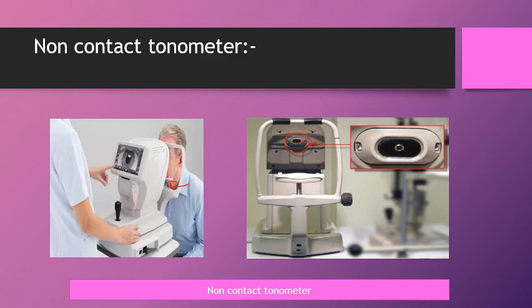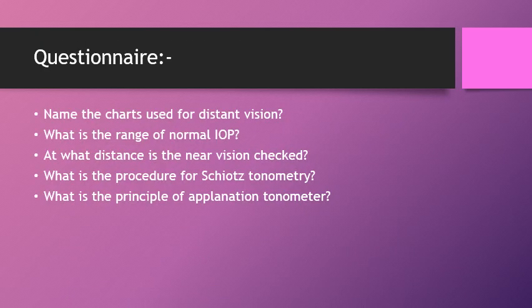Momentarily this puff of air flattens the cornea, so we can measure the IOP, and from the doctor's side there is a screen on which we can see the IOP measurement. These are the methods by which we check visual acuity and also measure IOP.